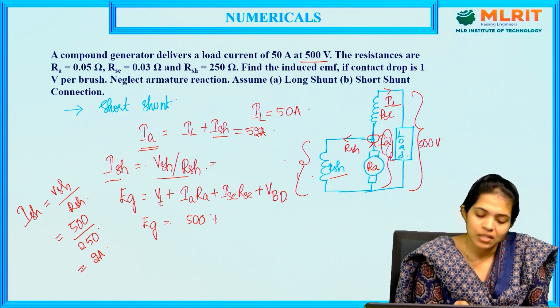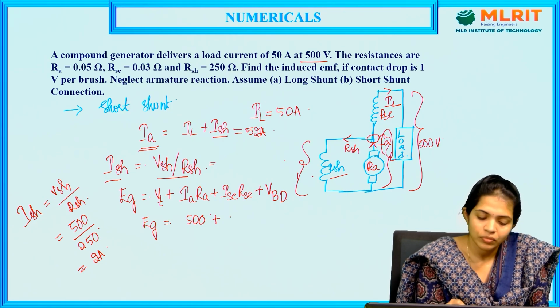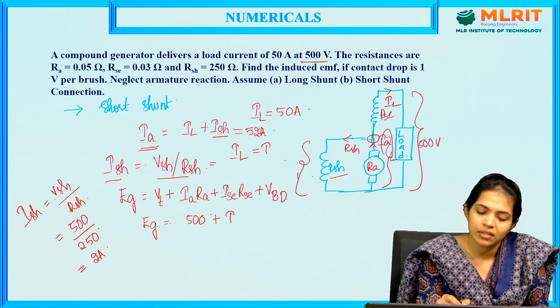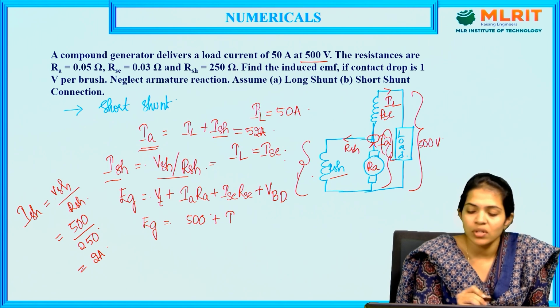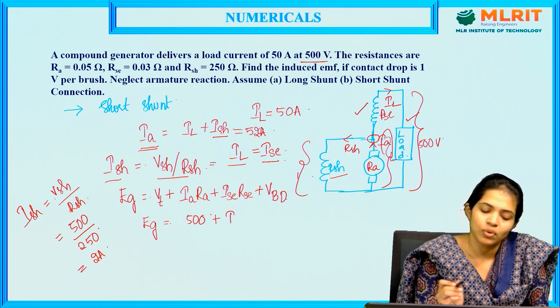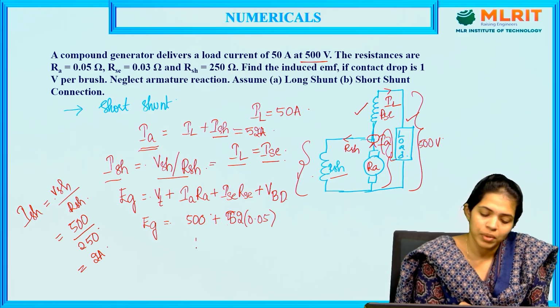So VT is given in the question. We know that IL is equal to ISC, because the series field winding and the load are connected in series. So IA is 52 amperes, 52 multiplied by 0.05 plus ISC.